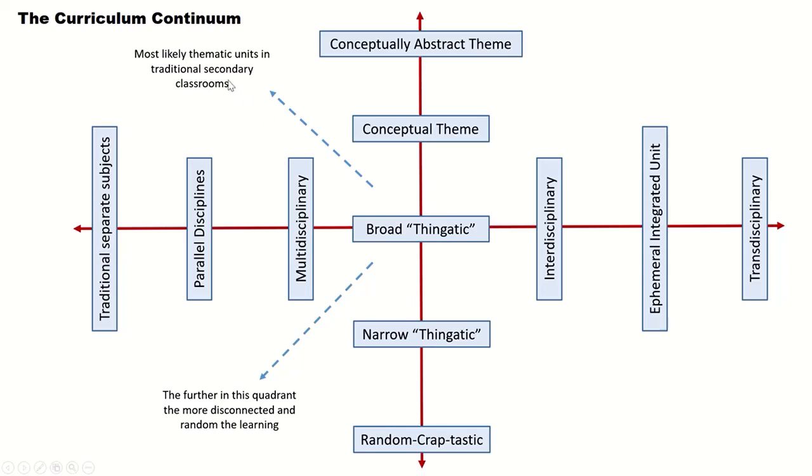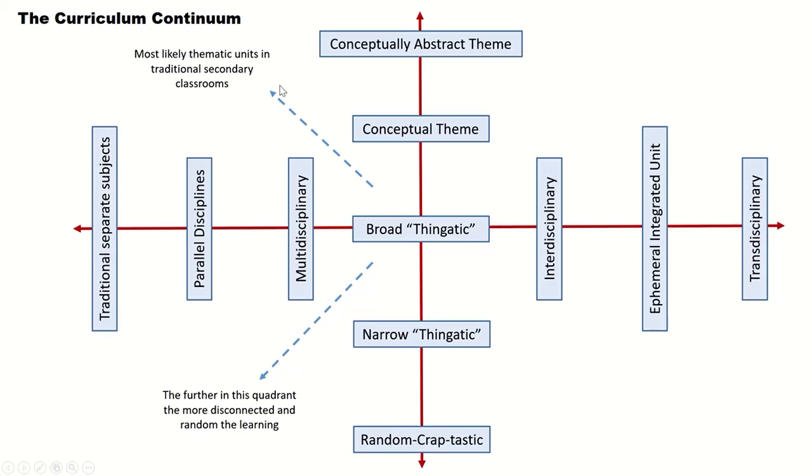Most traditional secondary schools are going to be obviously traditional separate subjects, and hopefully they're not random craptastic, but they're getting up into conceptual themes possibly. So thematic units in a traditional secondary school might be up here. Even if you're stuck in your silo, you are still requiring some conceptual thinking within that discipline.